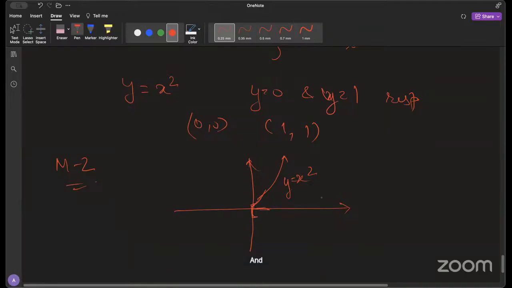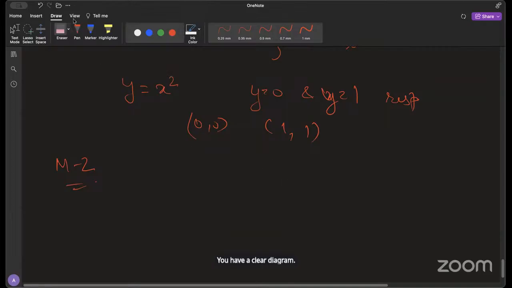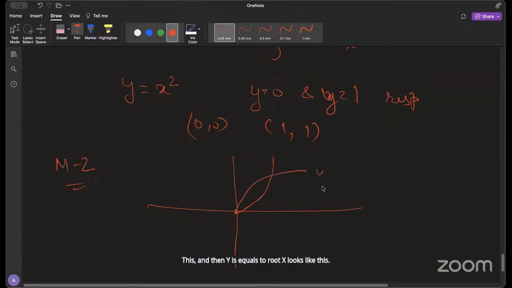And the other one, y equals root x, looks like this. Both of which are parabolas, with different axes of symmetry, right?